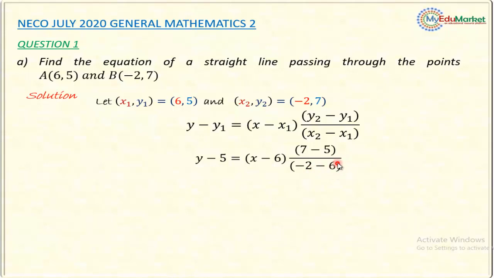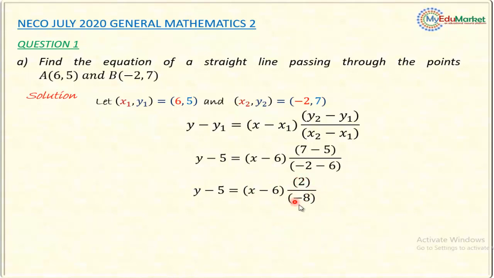So I will now evaluate to simplify this further. This 7 minus 5 is 2, and minus 2 minus 6 is simply minus 8. So I'm going to have y minus 5 equals x minus 6 times 2 over minus 8.